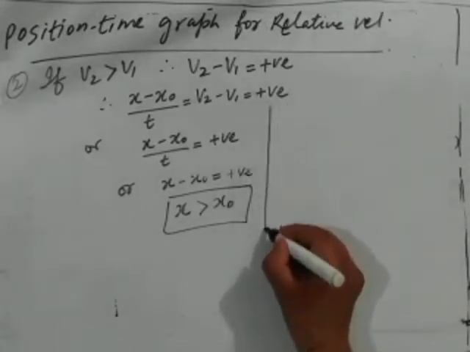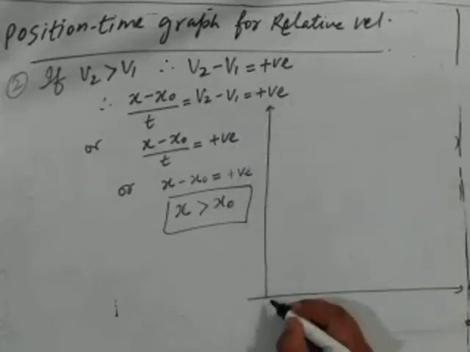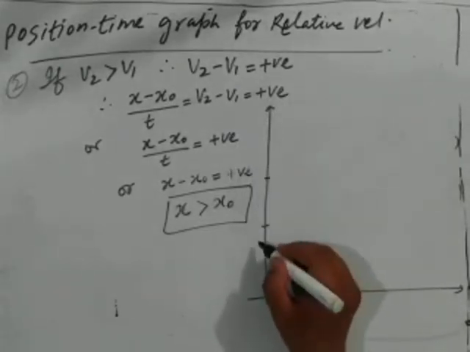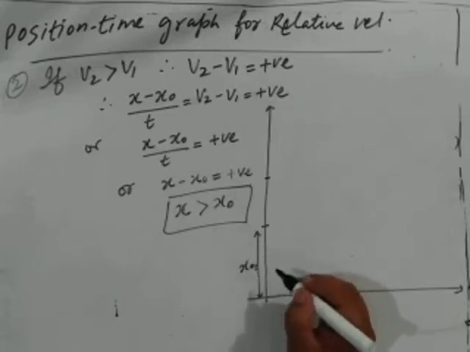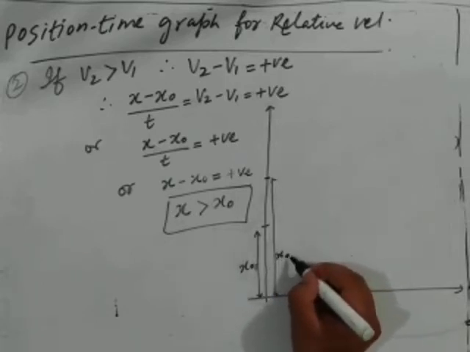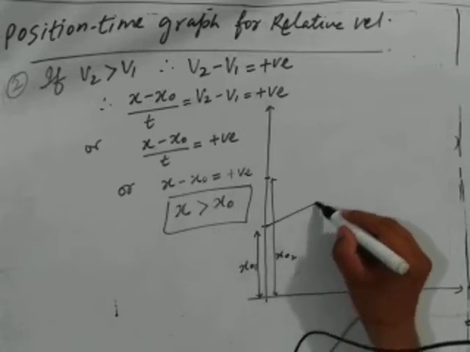So if we plot the graph, it will become like this. This is the initial gap, x01, x02. It moves with a uniform velocity.